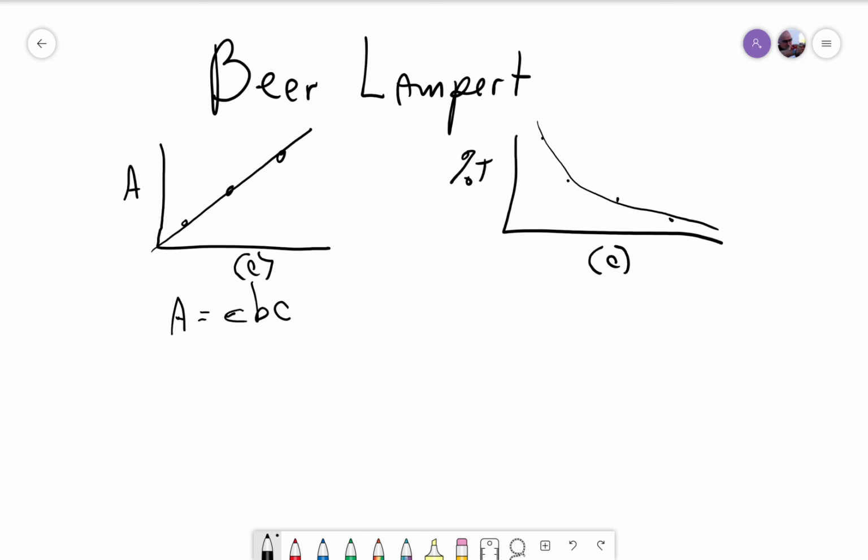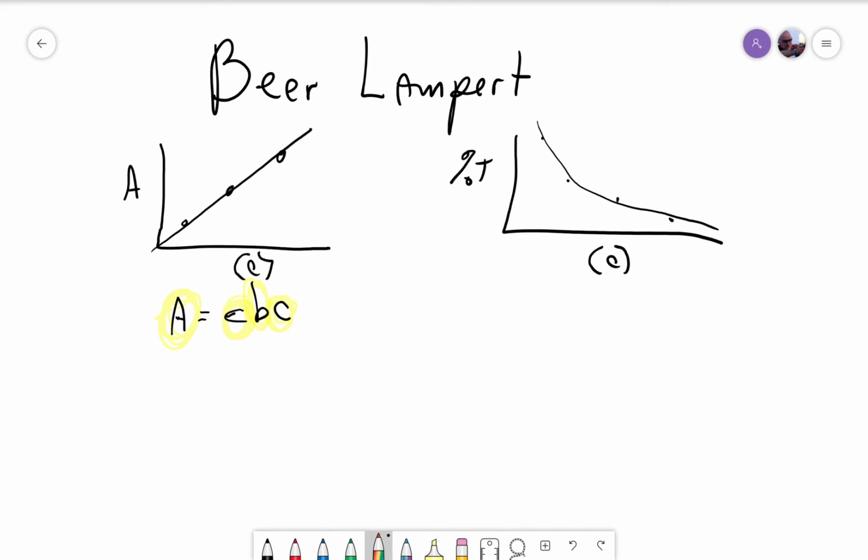Okay, let's start this again and start talking about the Beer-Lambert absorption law. We've actually already done this, of course, and that is the idea that the absorbance is equal to a linear function of the molar absorptivity times the path length times the concentration.